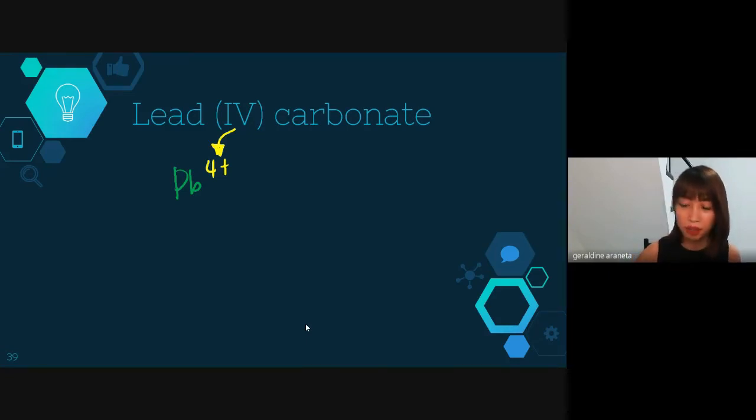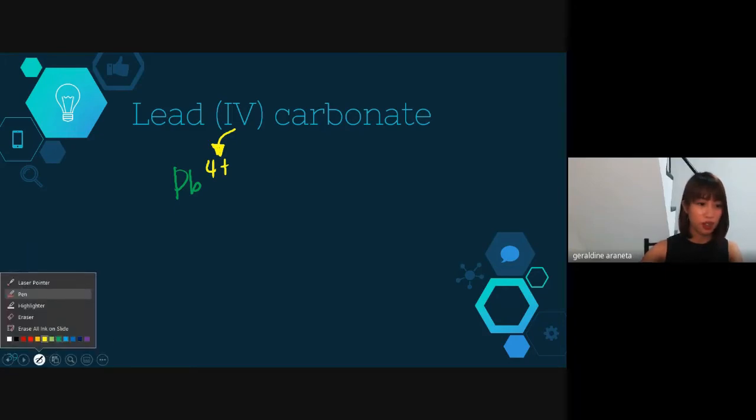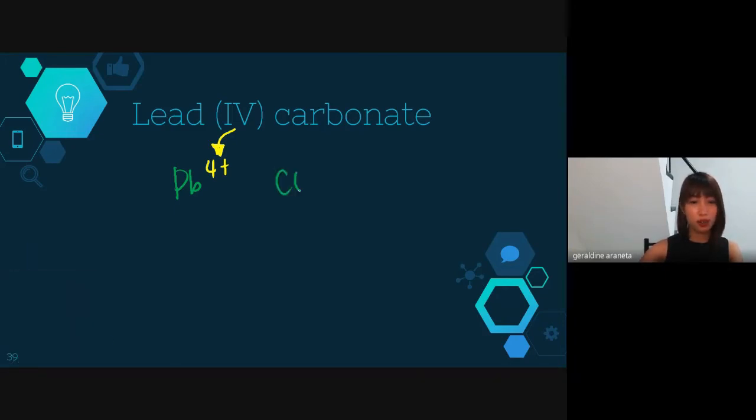Nakita na? CO? Carbon monoxide yan. Okay, so that is CO3. So the symbol for carbonate is CO3.